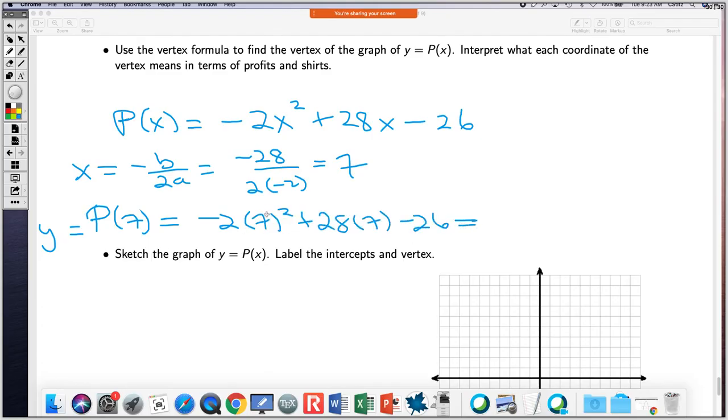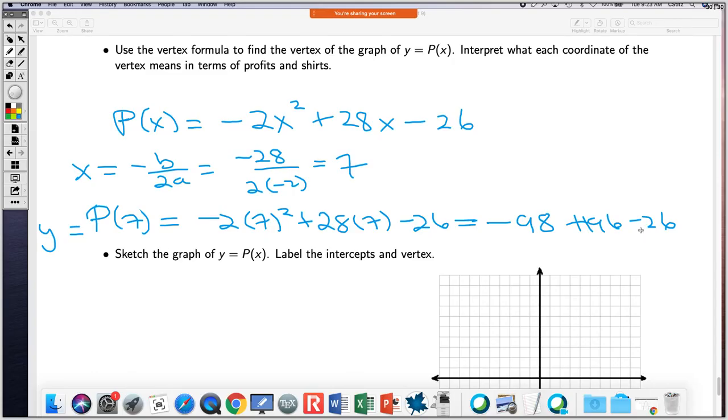So here we've got negative 2 times 7 squared. So that's negative 2 times 49. That's a negative 98. Here we've got 28 times 7, which is what? 140 and 56, 196 minus 26.